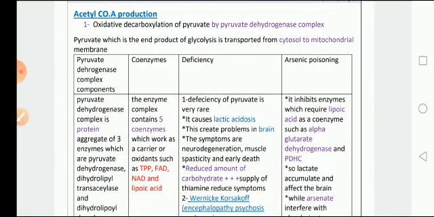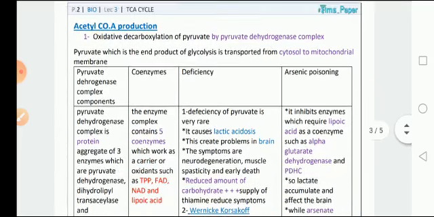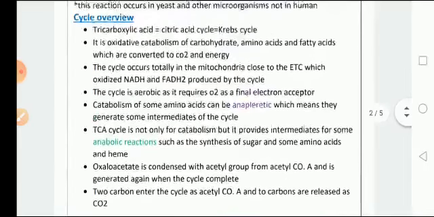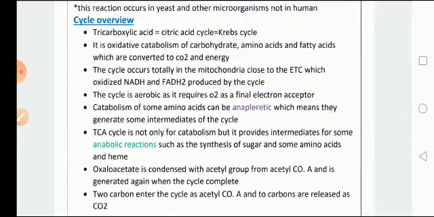And pyruvate, which was the end product of glycolysis, is going to be transported from the cytosol into the mitochondria. As we mentioned before, this step occurs in order to ensure that the cycle is close enough to the ETC for oxidation of NADH and FADH2.